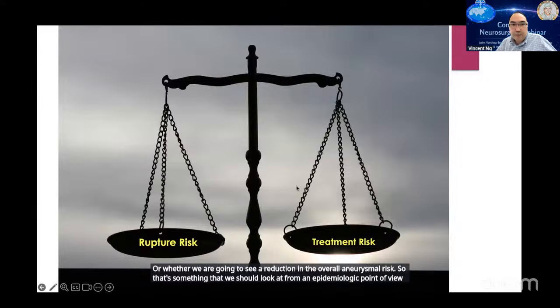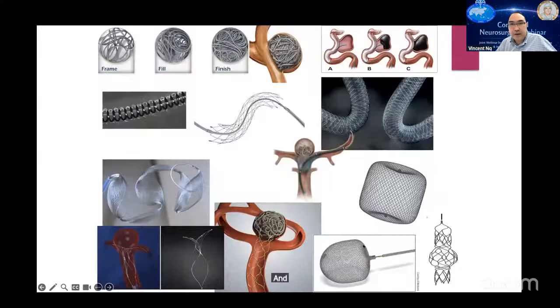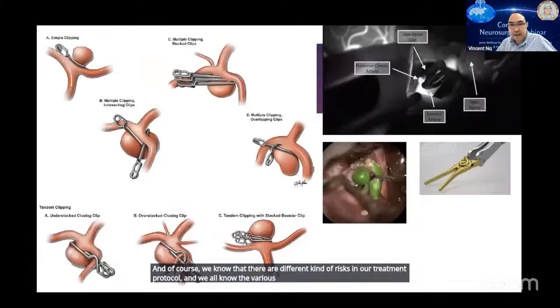So, in very quick summary, we have always been looking at the rupture risk. And of course, we know that there are different kinds of risks in our treatment protocol. We all know the various treatment modalities we have, be it open surgical or combined hybrid treatment.